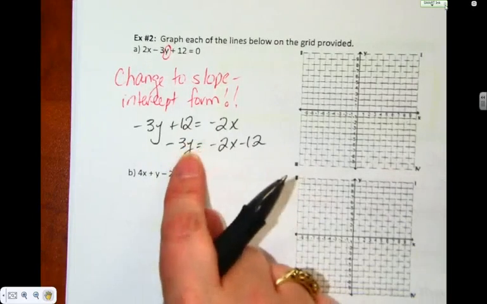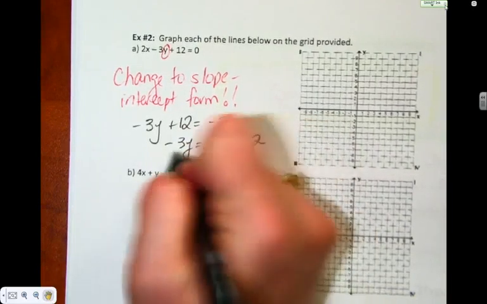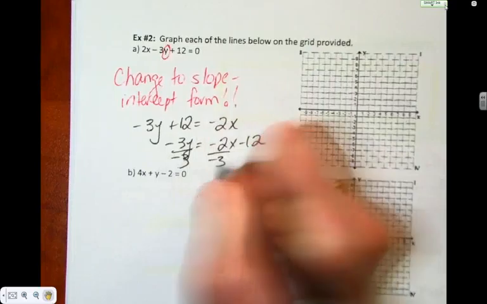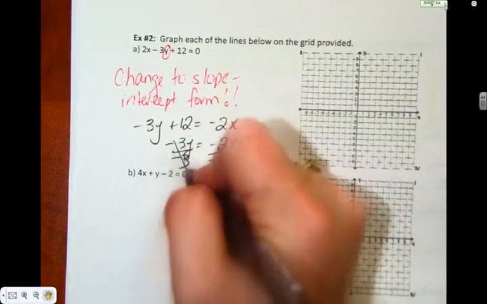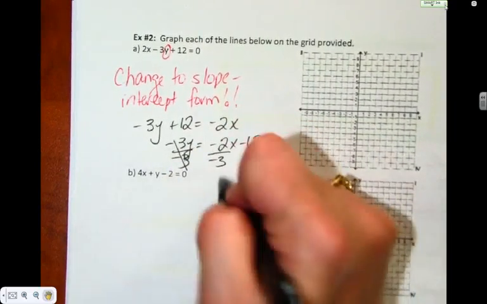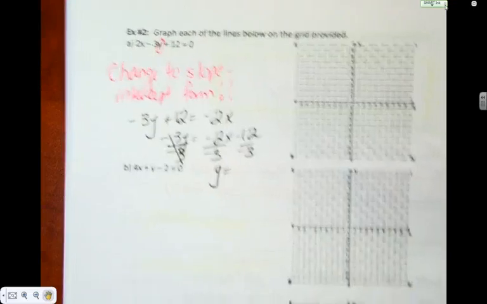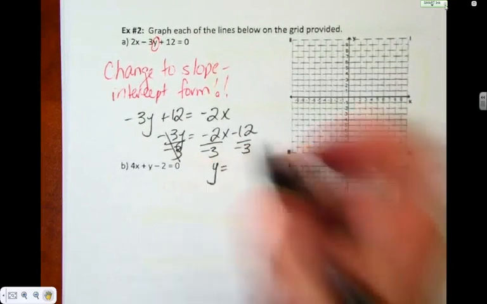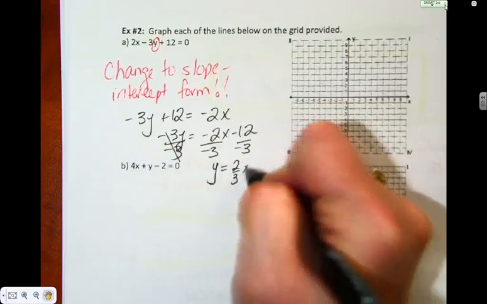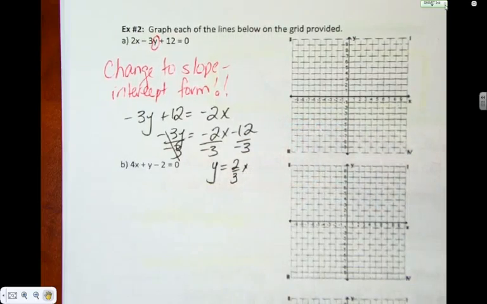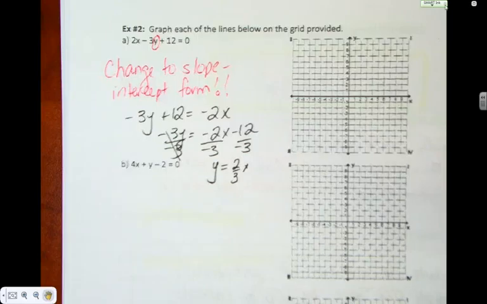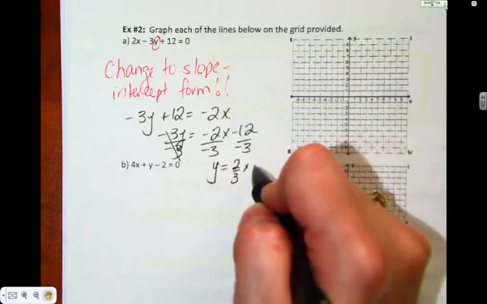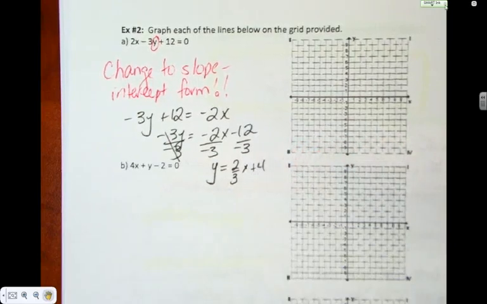How do I get rid of a coefficient of negative 3? You have done this probably 40 times already. What can I do with negative 2 over negative 3? Perfect. What can I do with negative 12 over negative 3? Plus 4.